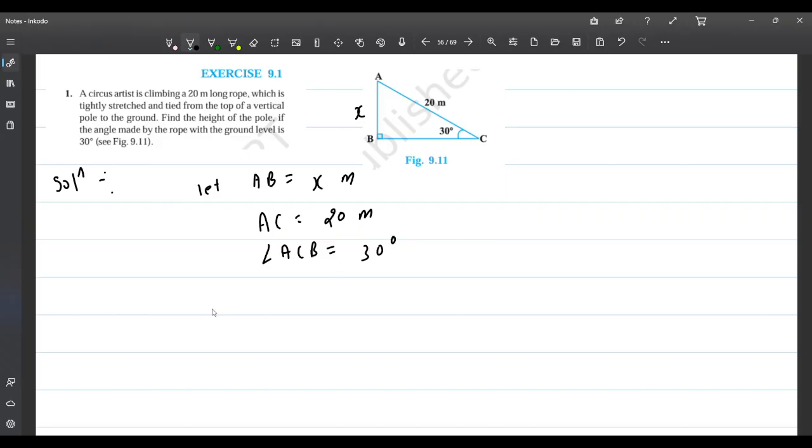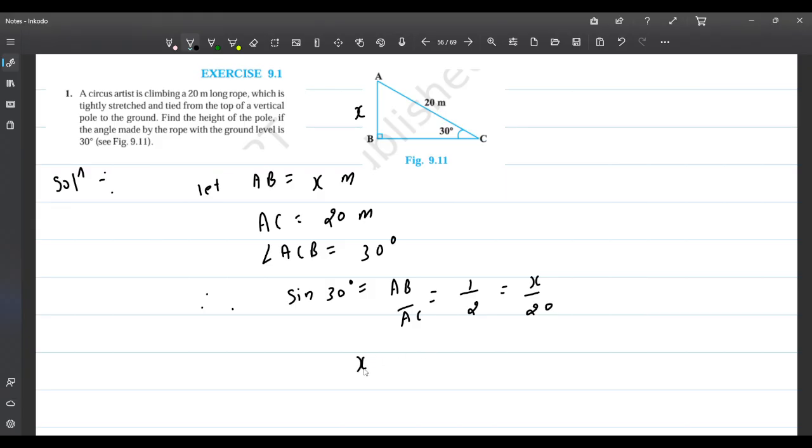So we can see that sin 30 degree is equal to AB upon AC, which is equal to... sin 30 is 1/2, and this is equal to x upon 20.